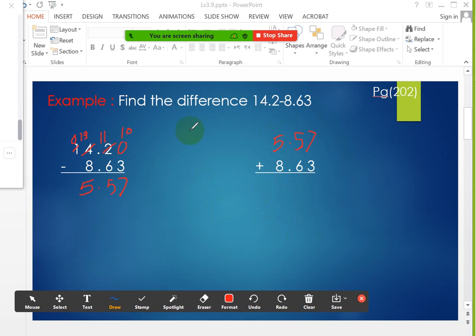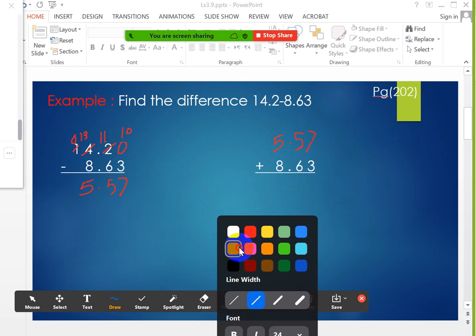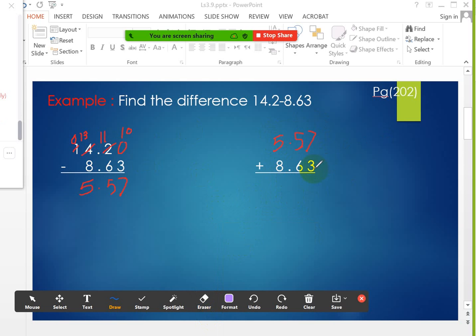Let's add the numbers. 7 plus 3. I will change the color for you. 7 plus 3 equals 10. So I put 0 here and 1 above the tenths. 1 plus 5, thank you Larissa, and Lana and Emma and Dream. 1 plus 5 equals 6, 6 plus 6 equals 12.